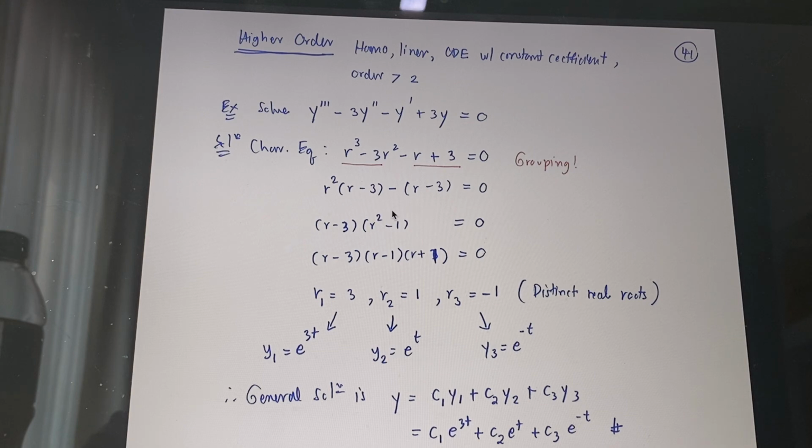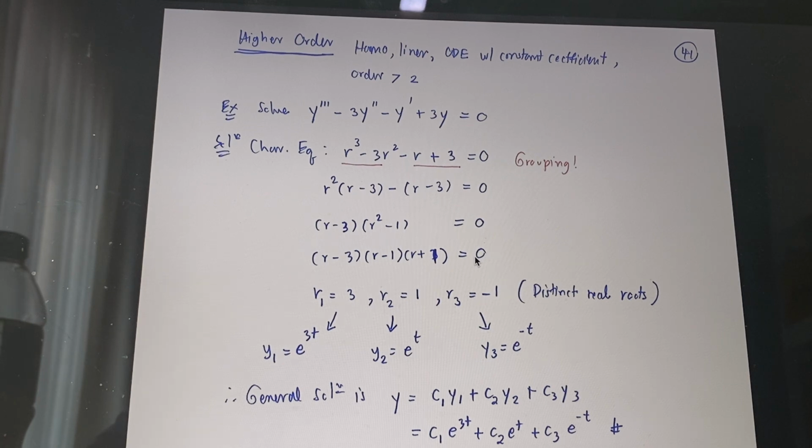This one, what? It's the difference of squares. R squared minus 1 squared. You can break it down to be r minus 1 times r plus 1. Therefore, now you have three roots. R1 equal to 3, R2 equal to 1, and R3 equal to minus 1. How do you find them? You just need to set each factor equal to 0.